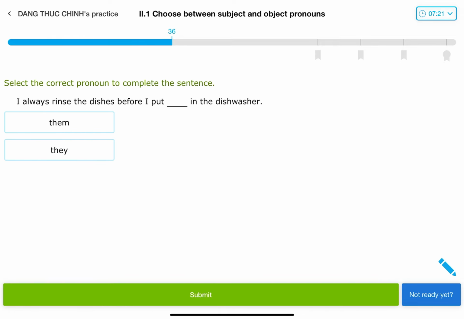Next: I always rinse the dishes before I put them in the dishwasher. Put is an action verb, and we have put before the word them, so this will be the correct pronoun to complete the sentence.